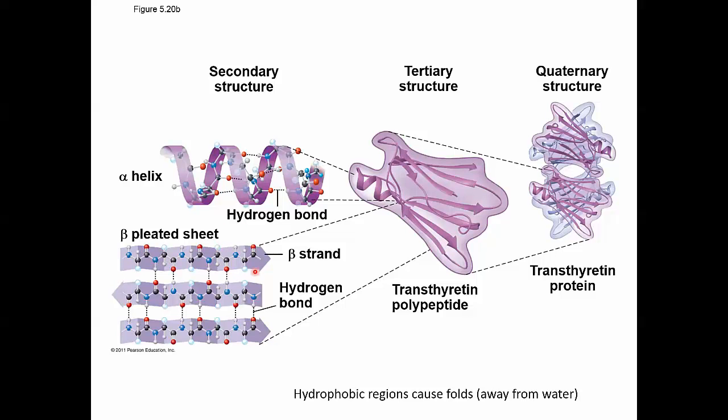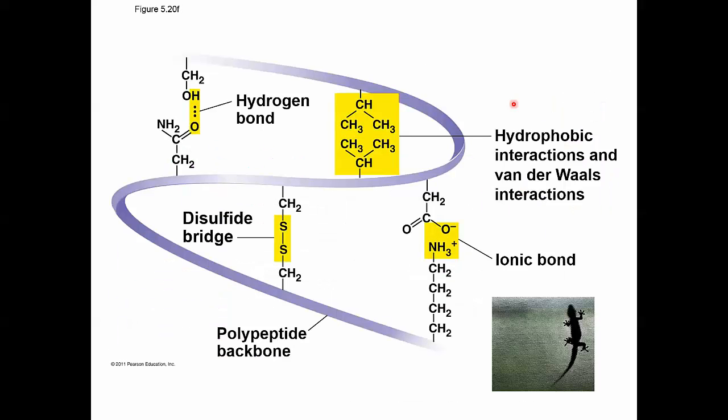Then we fold this again and get a more complex globular protein called the tertiary structure. Then you take a couple of tertiary structures and you can stick them together to make a quaternary structure. So this is fairly complicated, but not too hard. So when we're looking at tertiary structure, these are interactions between the R groups, the side chains that are holding this structure together.